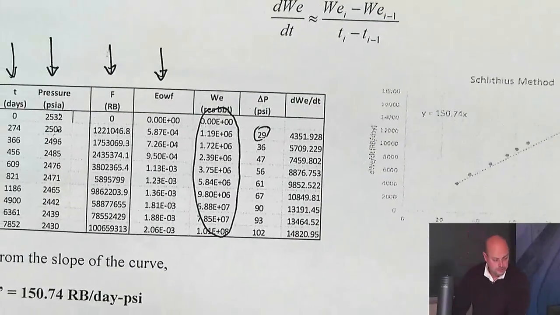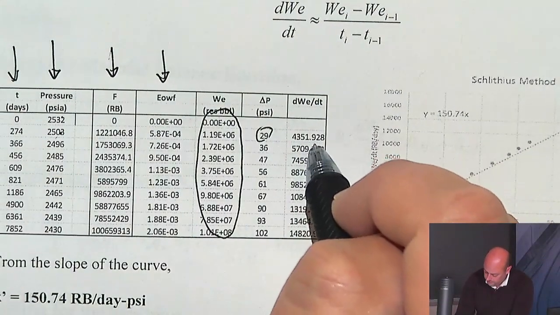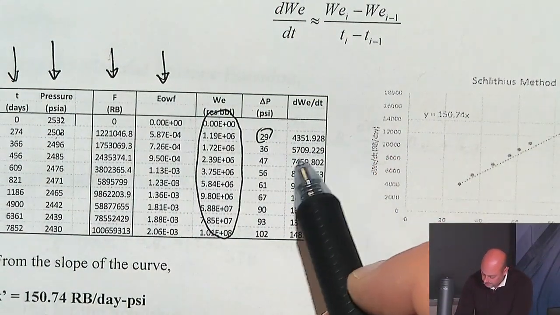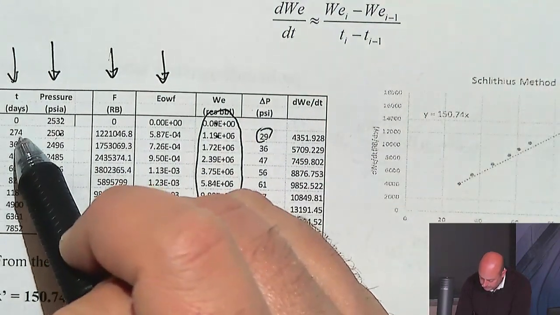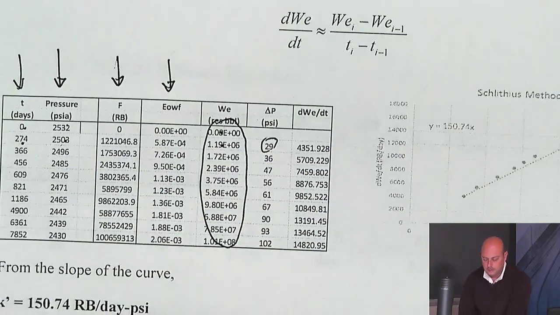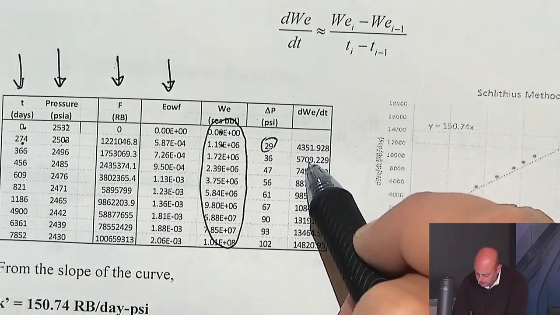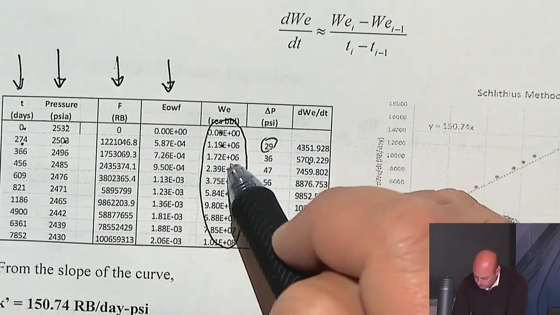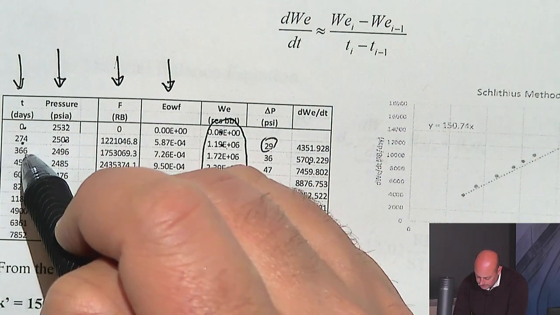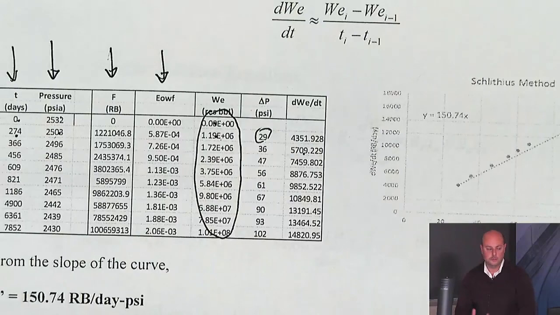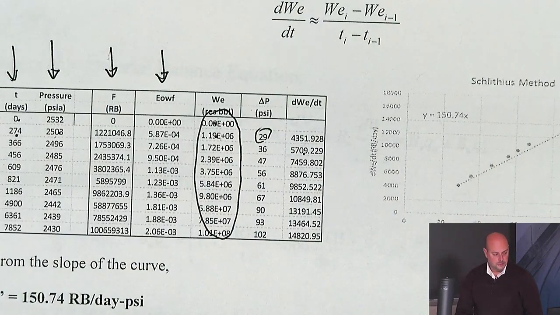So you see this number here, 4351.9, that's going to equal this WE minus this one divided by 274 days minus 0 days. And 5709 will be 1.172 minus 1.19 divided by 366 minus 274. So it's a derivative approximation.